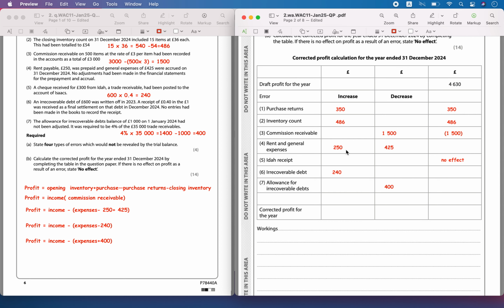Then for the difference of 250 and 425, there will be a decrease overall of 175, and then the EDA receipt has no effect. Then 240 increase, so we add 240, and then 400 has to be decreased.